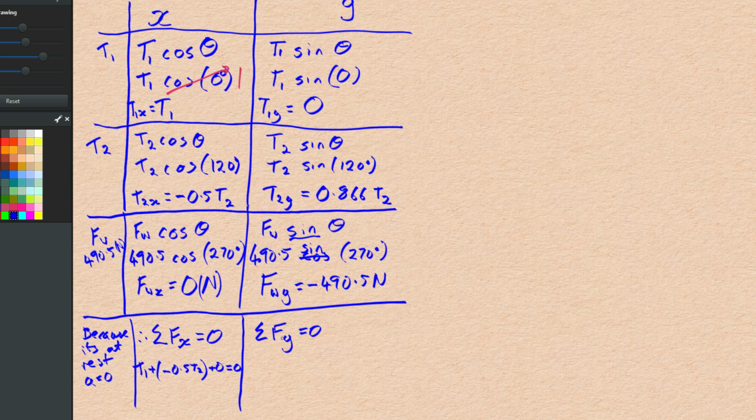So let's have a look at this side. Maybe we'll get an answer from one of the other dimensions. So here, my sum is made up of 0 plus 0.866 lots of T2. And I just like to put plus signs between all of my figures.